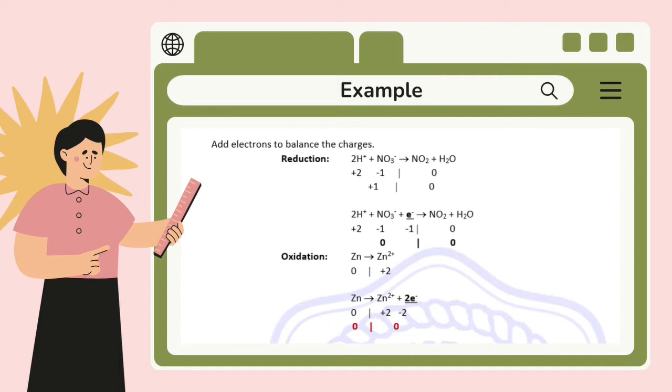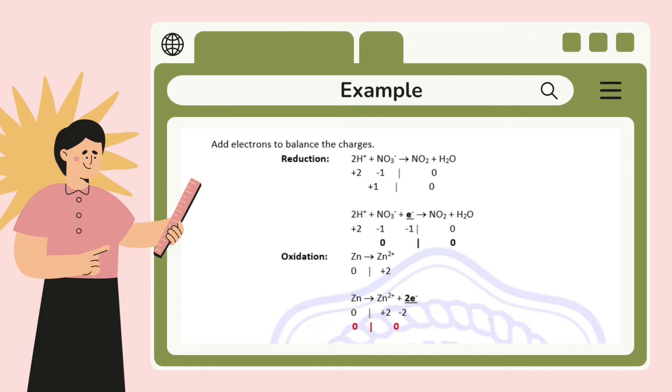We're gonna be adding 1 electron to the left. So we're gonna be having +2 -1 -1, so we're gonna be having 0 as the charges of the reduction on the left side as well as on the right side. Next we have the oxidation. As you can see in here, we are going to add 2 electrons on the right side.